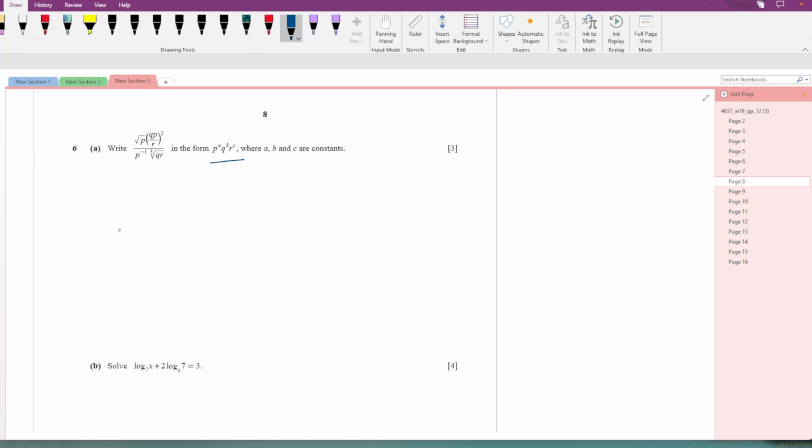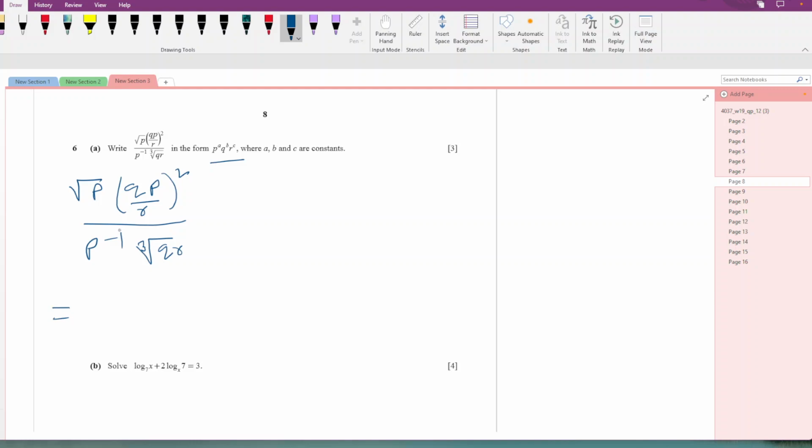Now write square root of p and qp by r whole square by p to the power minus 1 and cube root of qr.